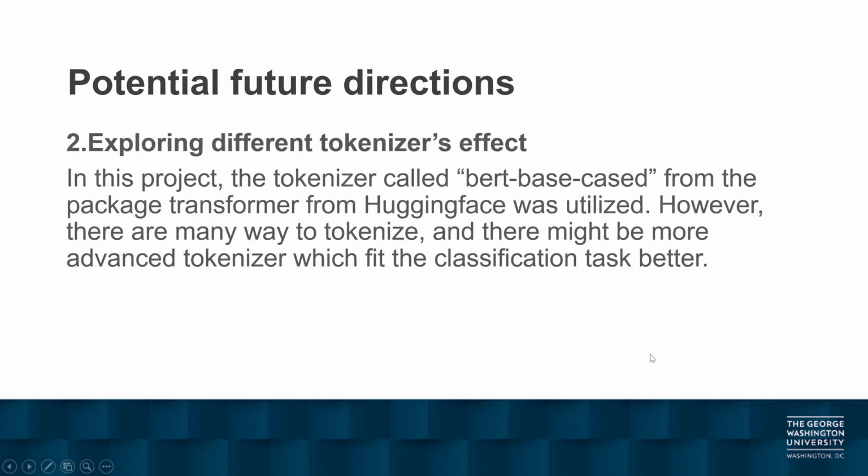And another potential future direction of this project is exploring the effect of different tokenizers. So I just simply used the BERT-base-cased tokenizer, which might split words into different sub-word tokens, like bus, and after that ISS and SS, something like that.